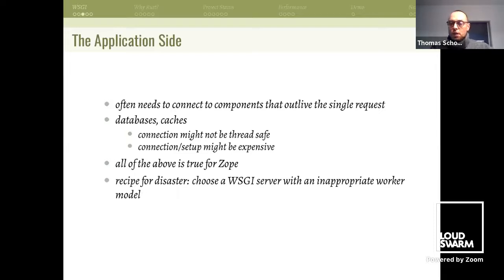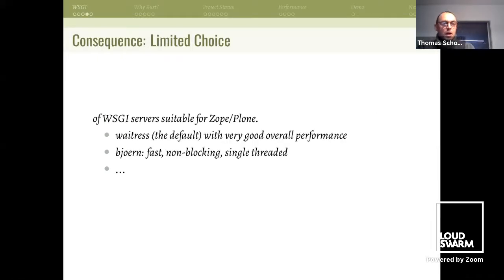So there's a recipe for disaster when choosing a WSGI server that uses an inappropriate worker model, one that does not fit your application and your application's connections. As a consequence, although there are quite a lot of WSGI servers around, we have a fairly limited choice of WSGI servers that are actually suitable for Zope and Plone.